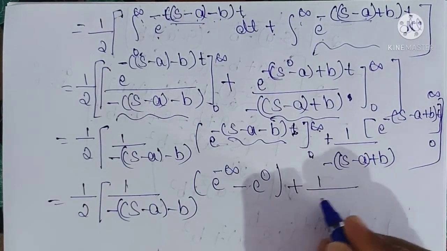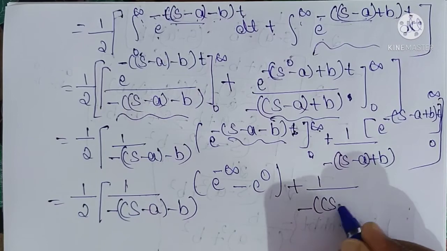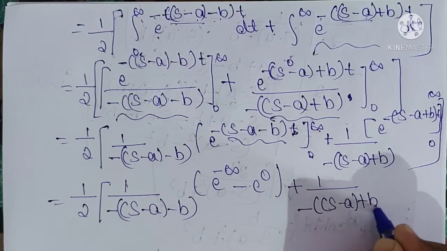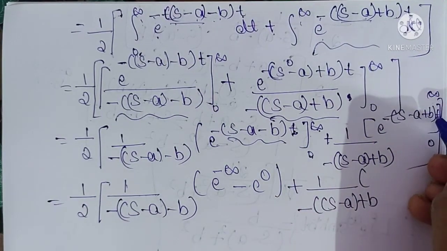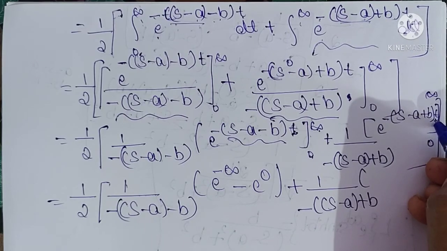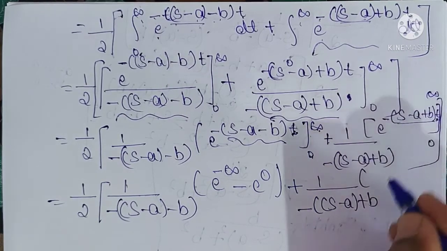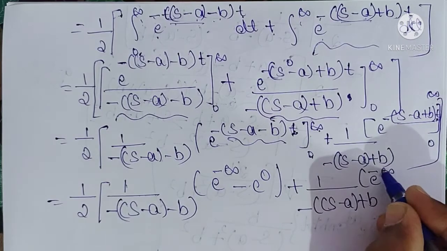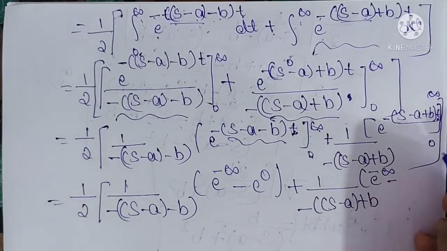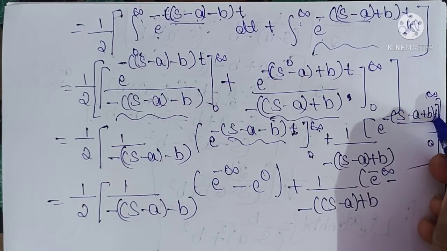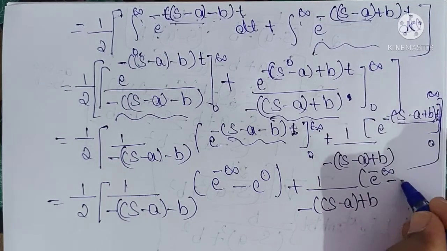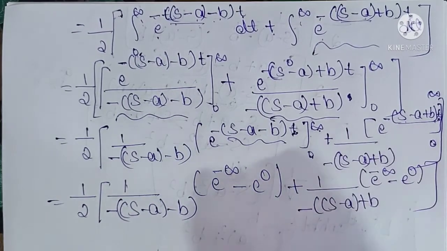Plus 1 divided by -(s-a+b). Here also apply the upper limit first: if t is infinity, we get e^(-infinity), minus, if t equals 0, we get e^0.